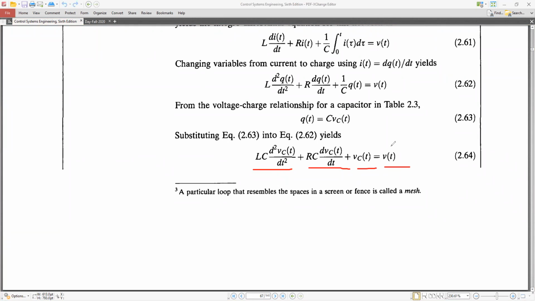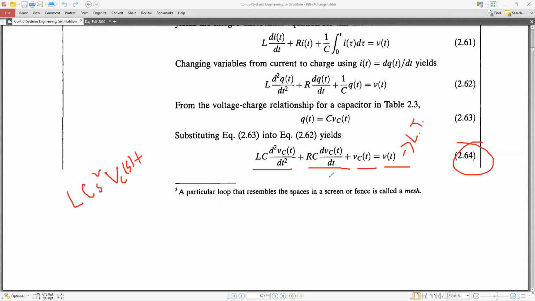We have to change equation 2.64 into the Laplace transform. d squared means s squared, so the first term is LC s squared VC(s).